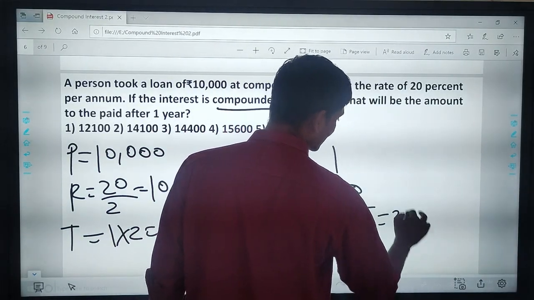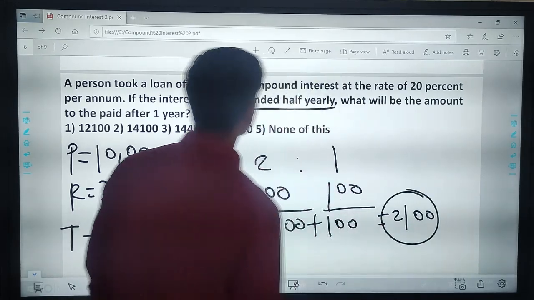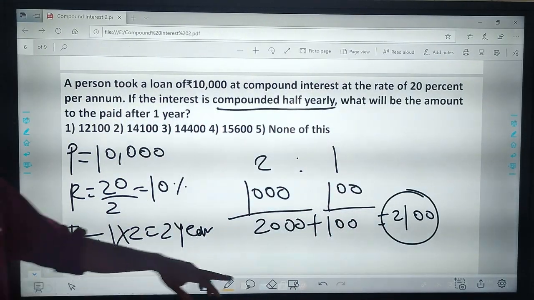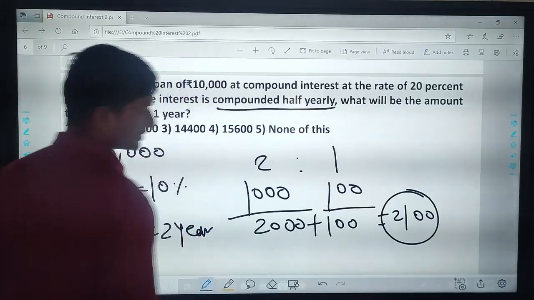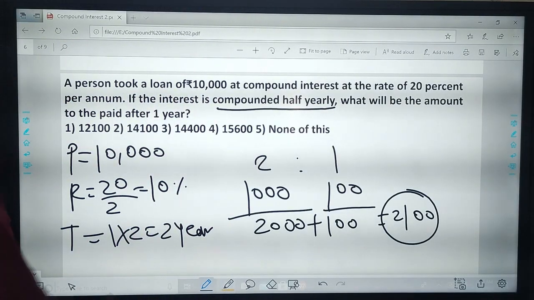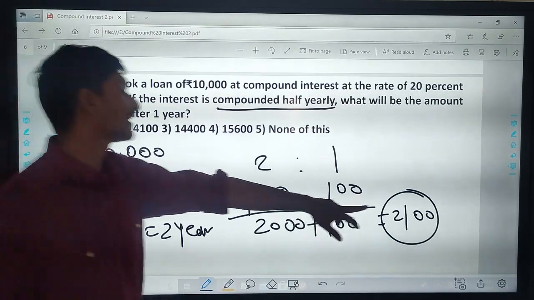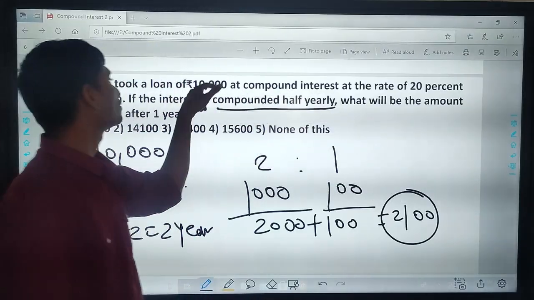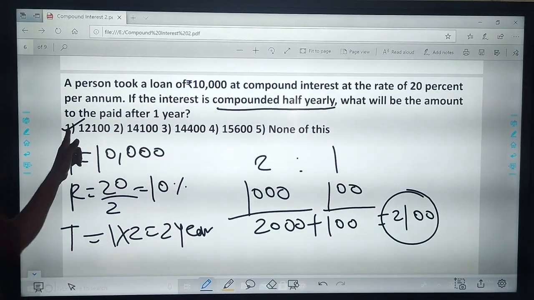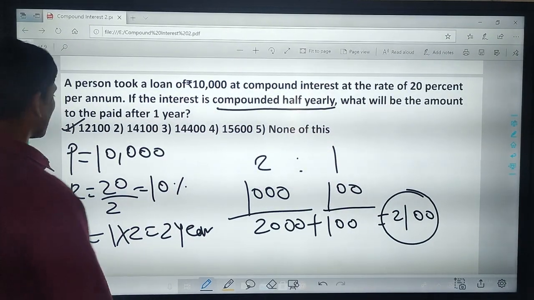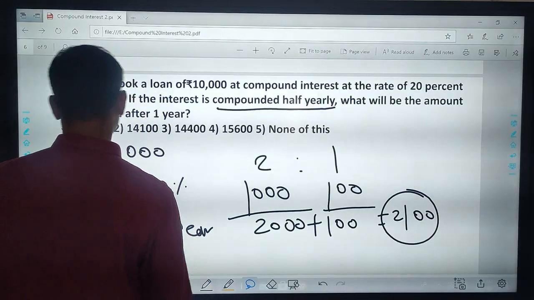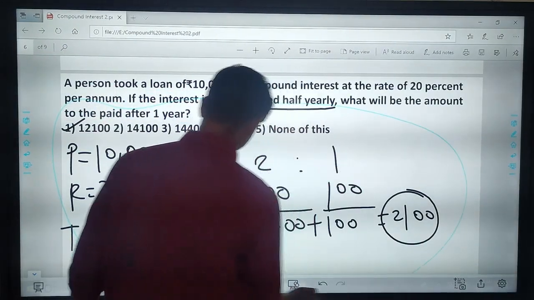Your total interest is 2,100. Now if we add 2,100 to 10,000, that is 12,100. If you add 2,100 to 10,000, you get 12,100 rupees. This is your answer.